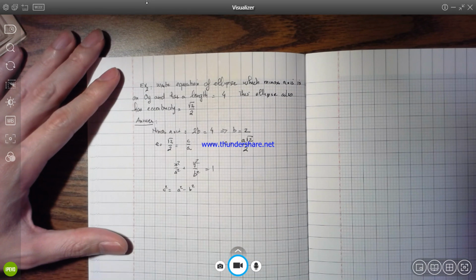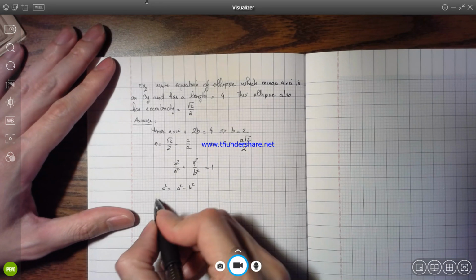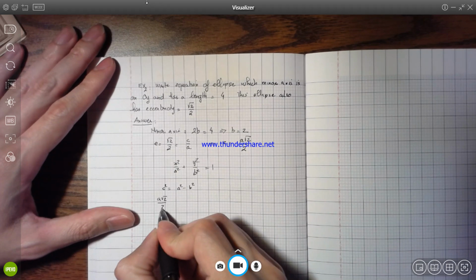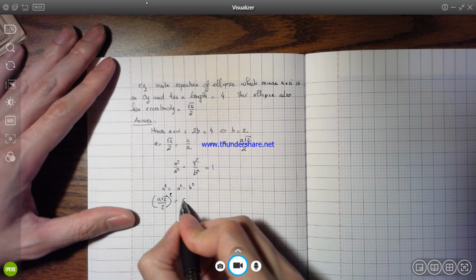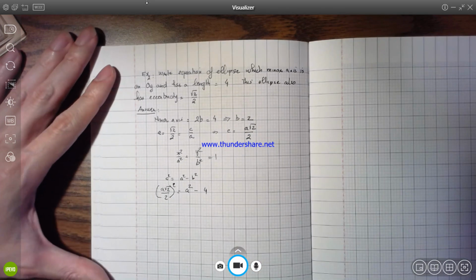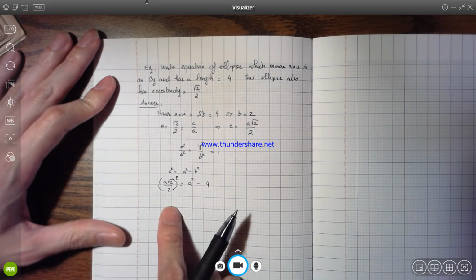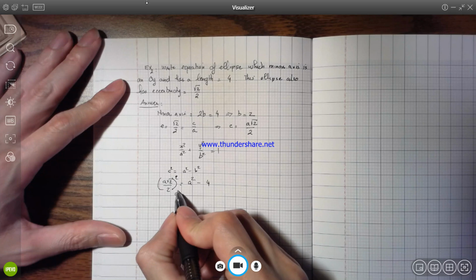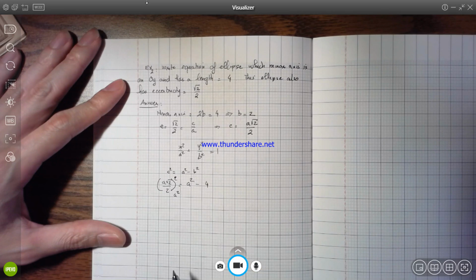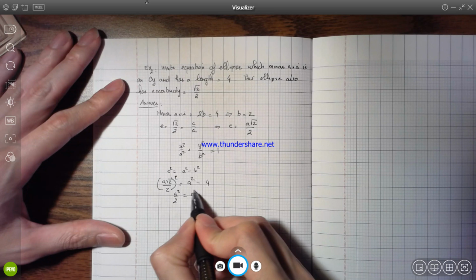Cross multiply. So C square will be equal to A square root of 2 over 2, squared, equal to A square minus B square, which is 4. So this equals A square over 2, since square root of 2 squared is 2, equal to A square minus 4.